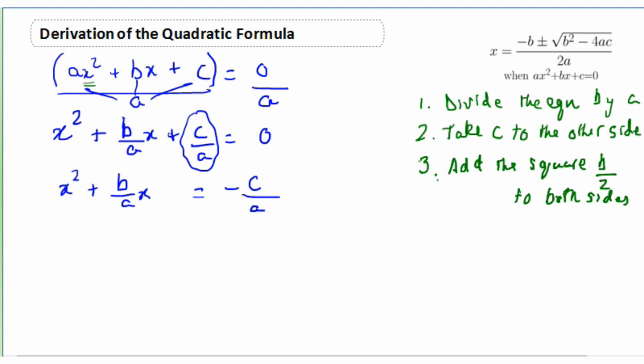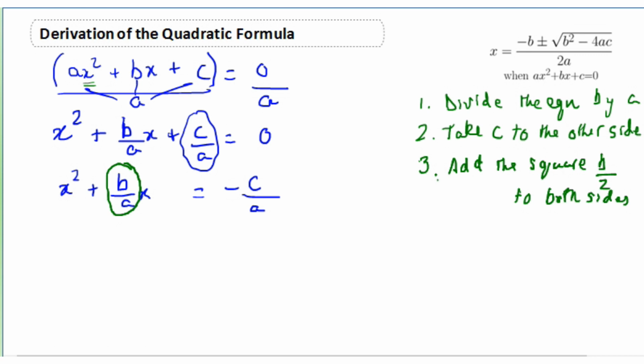Now by b upon 2 I mean the term which is in the middle, which is the coefficient of x. So in this case what we have as the coefficient of x is b over a. So we are going to divide that by 2, which becomes b over 2a, and then add the square of b upon 2a to both sides of the equation.